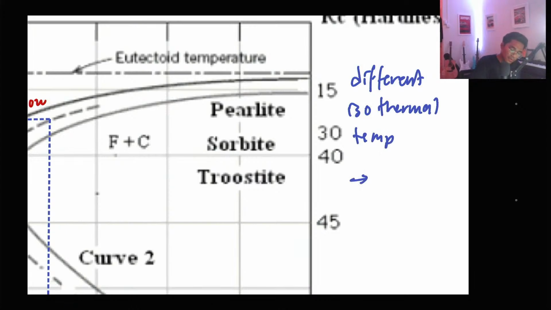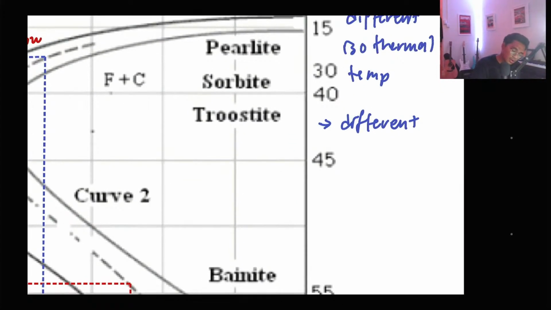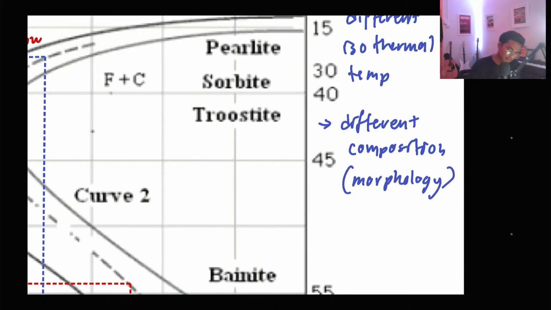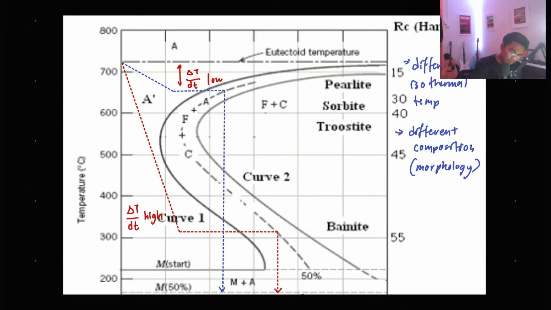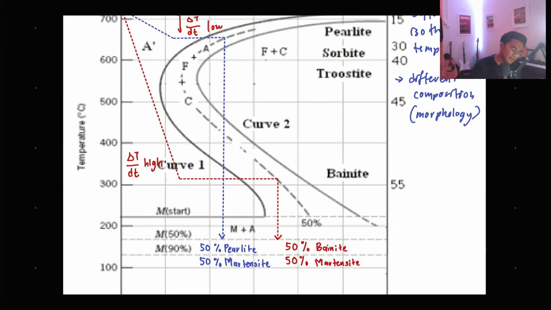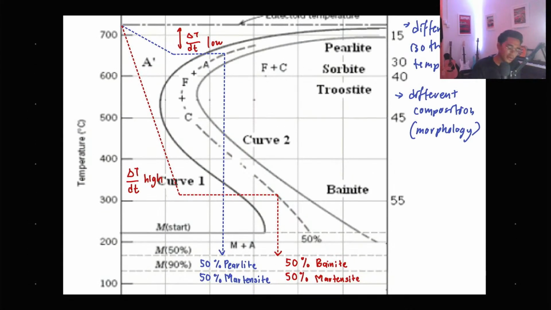Temperature means that we would have different composition or morphology. If you keep the constant temperature at 650 degrees, it will be different from keeping it at 300 degrees. That is the representation of this diagram.